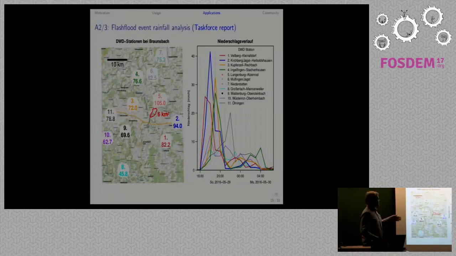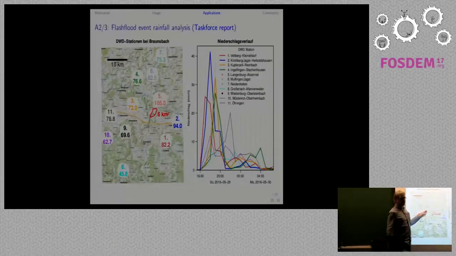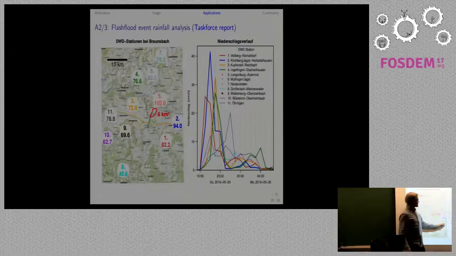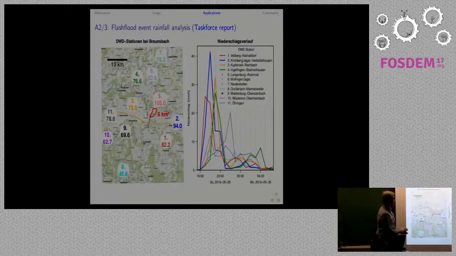And then you can also get the time series of those stations, not of all of them, but of a lot. They have hourly data, which is definitely the minimum resolution you need for looking at something like that. Basically showing when the event passed by. So it's a lot of rainfall here, staggering here for some time, did not move very fast, and then it kind of moved off again, which created this horrible flood.